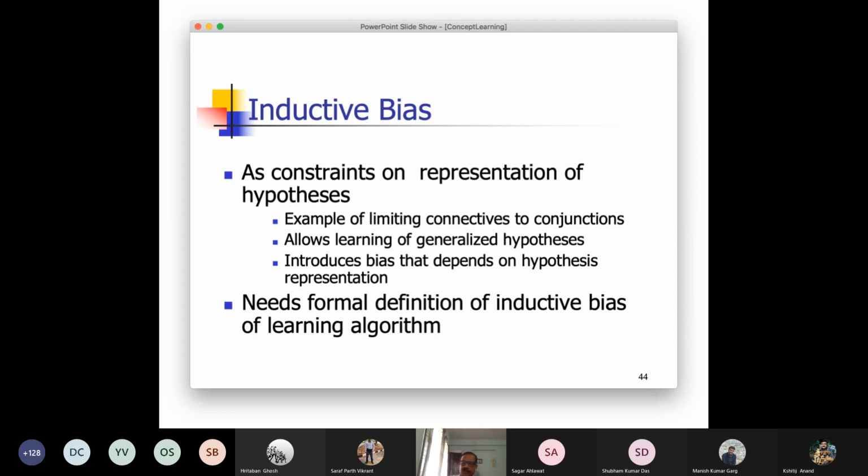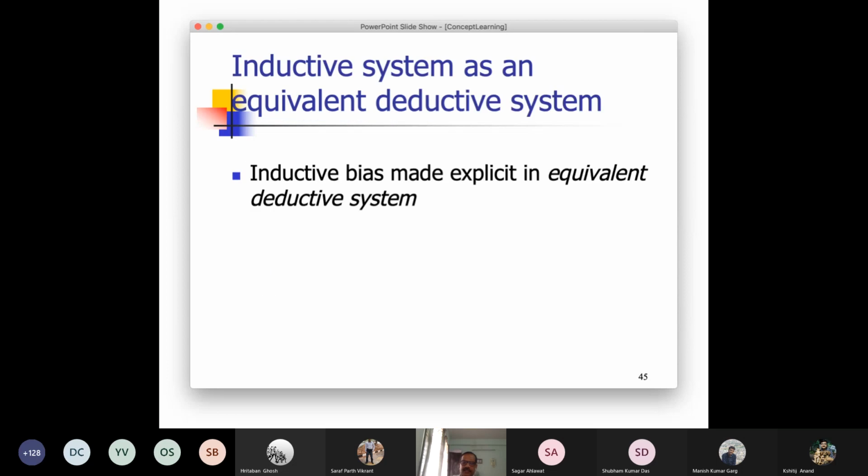So we'll have a little more formal definition of inductive bias. When we say how do you represent an inductive bias, bias means you are defining those constraints on your arguments, on your logical system, so that using those constraints you can derive the same result that a deductive system would have produced.